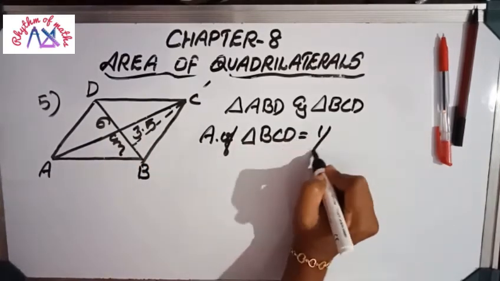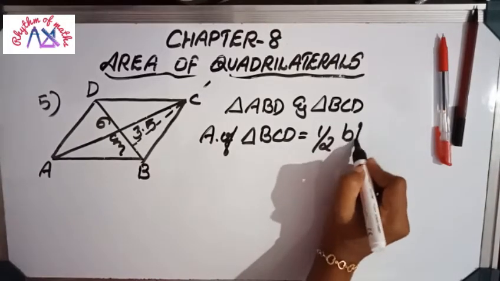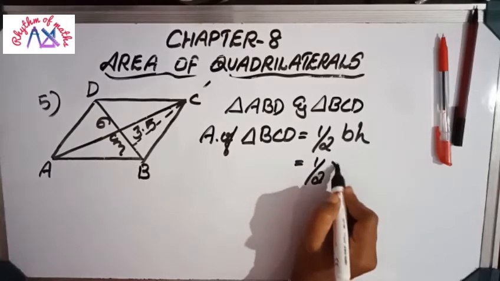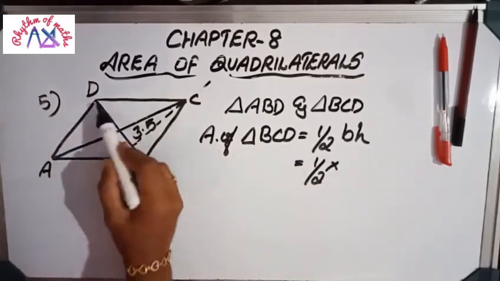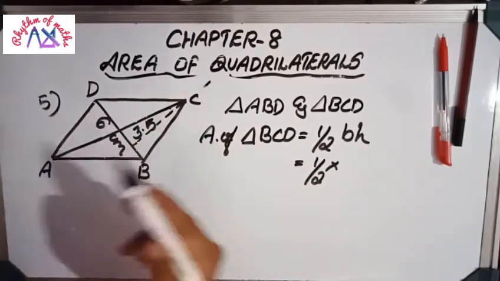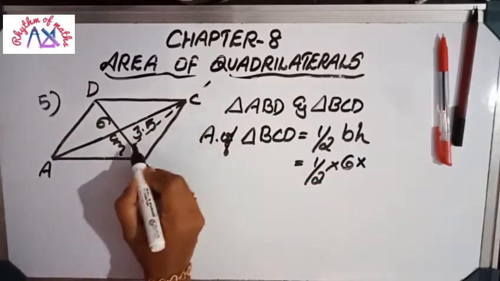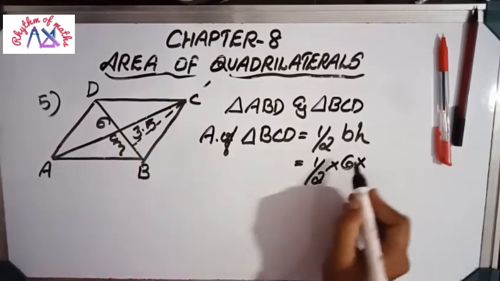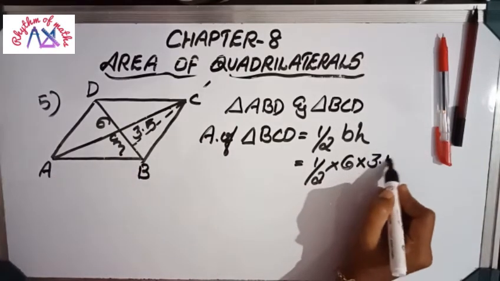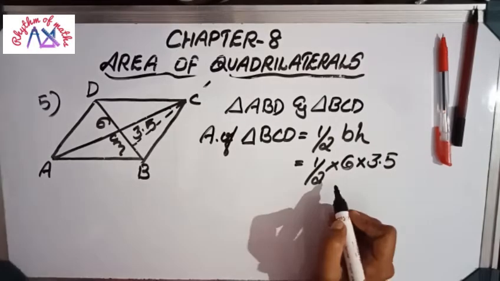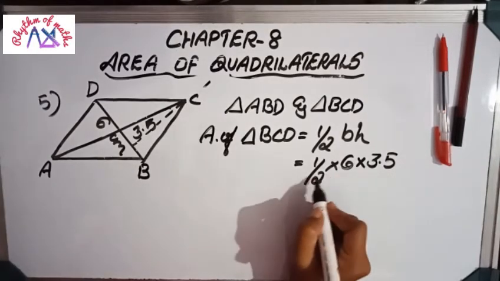What is the equation? Area of triangle equation is half BH. So that is equal to half into base. Base is 6 centimeter. So half into 6 into height. Height is given 3.5. So 6 into 3.5. Now let's simplify this. Here we can cancel this 2 and 6 first.